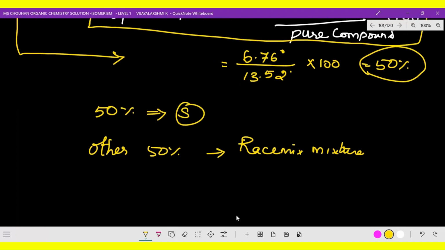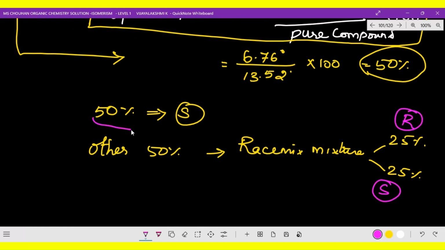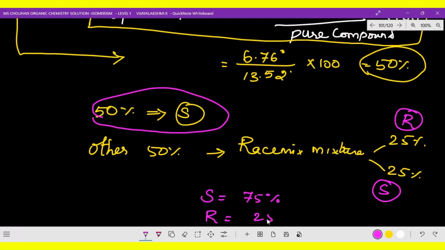In that racemic mixture, 50 percent splits into 25 percent and 25 percent, R and S. So altogether S will be 50 plus 25, that is 75 percent, and R will be 25 percent. So 50 percent is pure S, and the impurities are a racemic mixture of R and S.